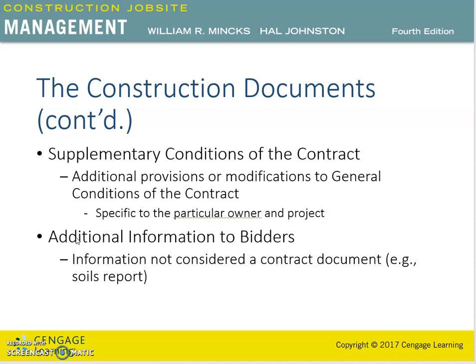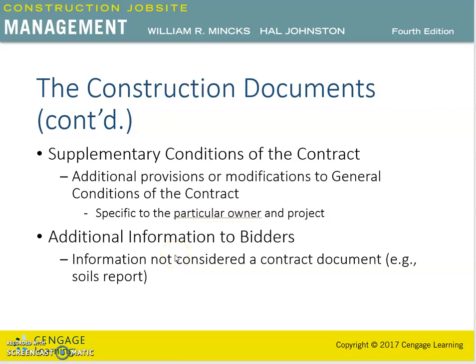The most common piece of such information is the geotechnical or soil report. Because this report is prepared for use by the architect and the engineer in determining the design of the foundations, and not specifically for the contractor's use, the soils report is normally furnished only as information without designation as a contract document.